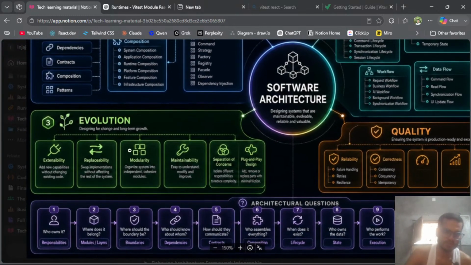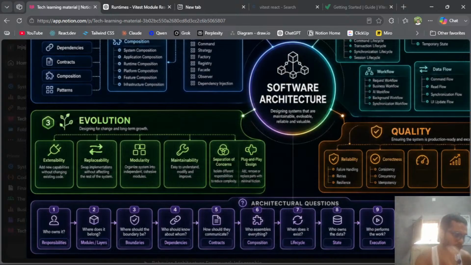Then you have evaluation, which means you have to design your code like extensibility, which means you can easily add any code, any features. Then replaceability, which means let's say if you want to migrate to a new technology or new framework or new language, you can easily. Then you have modularity.